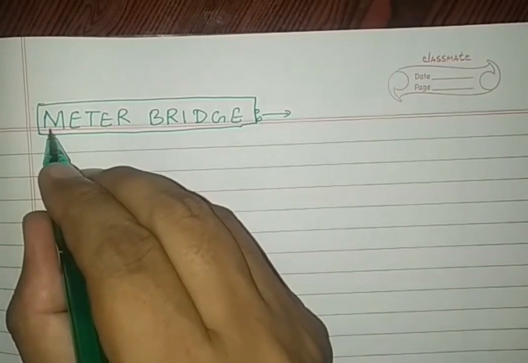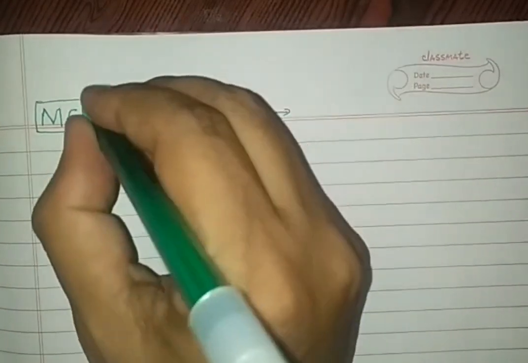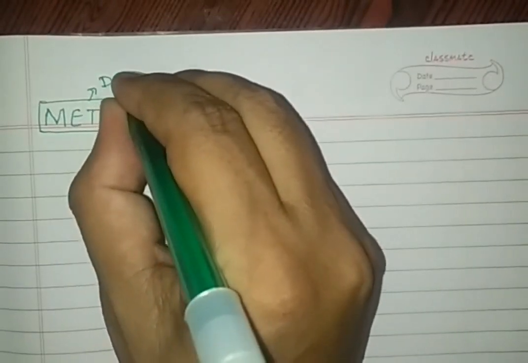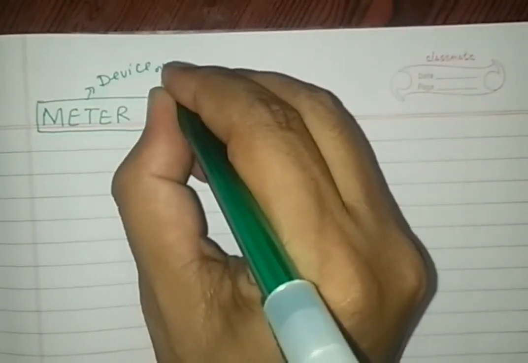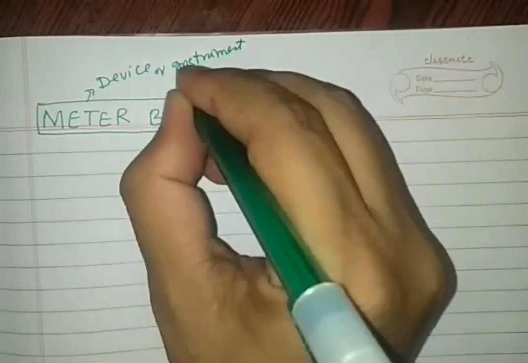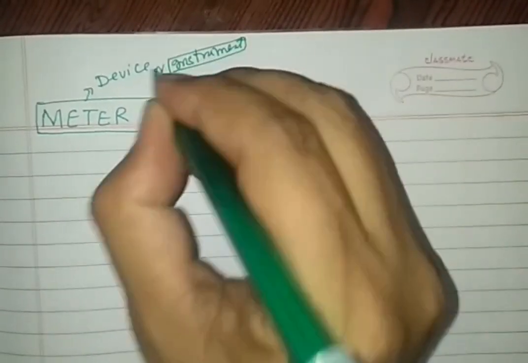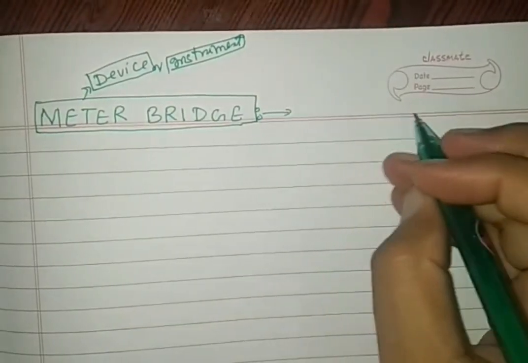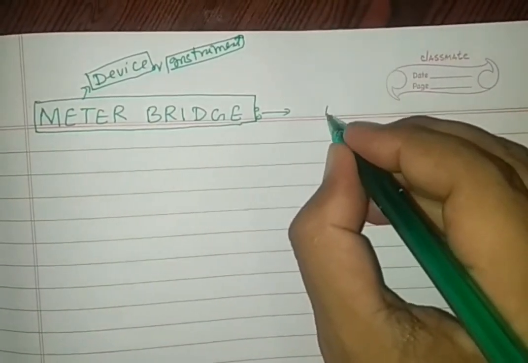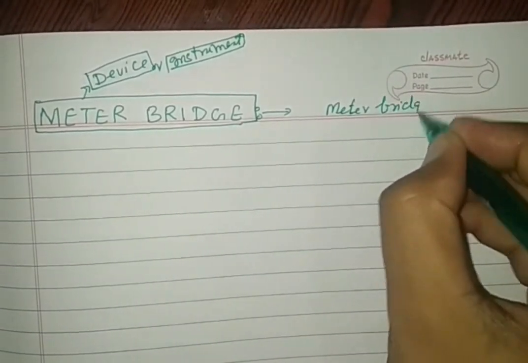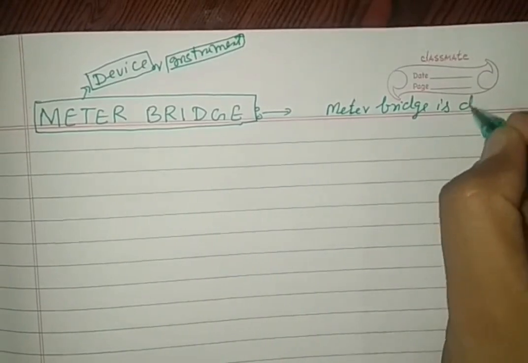Wherever children write METER, meter indicates device or instrument. Meter means, in physics, instrument or device. So we may write: meter bridge is a device.